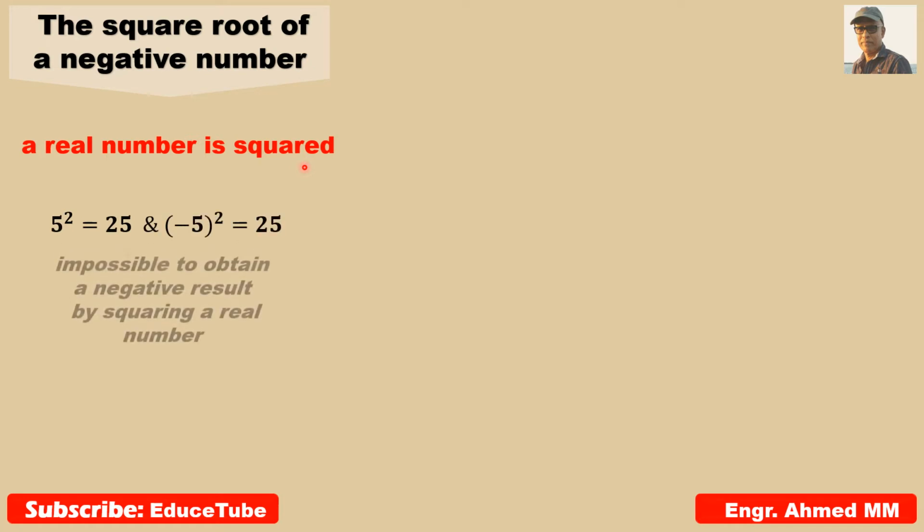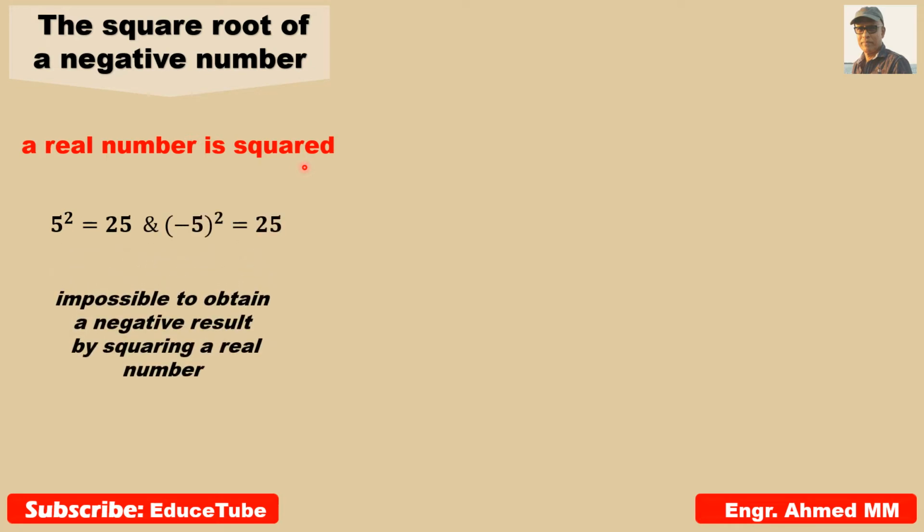For example, squaring 5 and minus 5, the result is positive. So we can say it is impossible to obtain a negative result by squaring a real number.